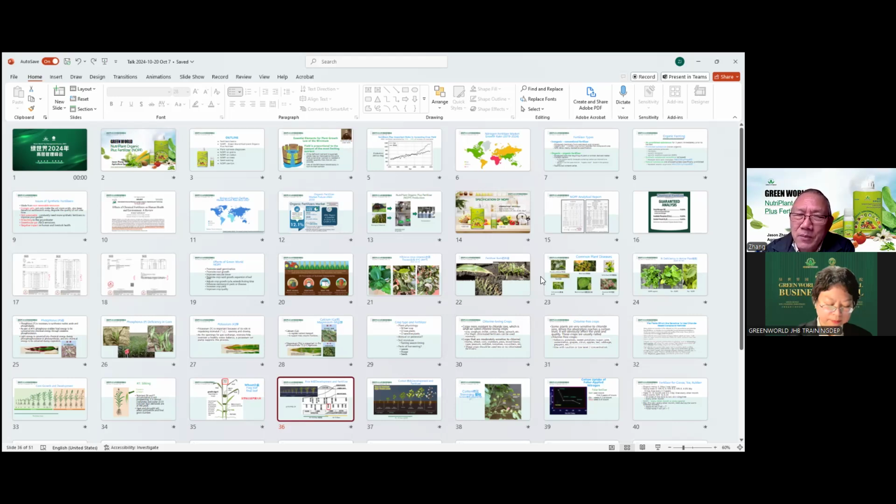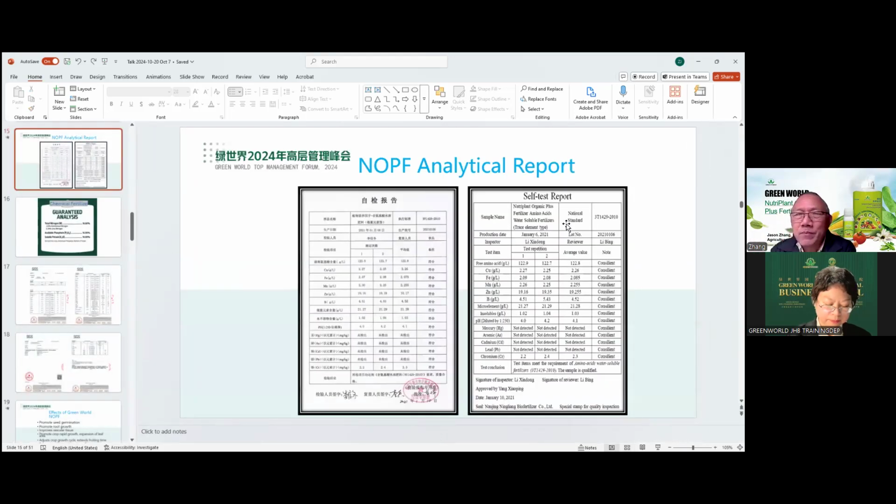After the seeds germinate, we should use NOPF because NOPF is water soluble and easy to use anytime. Some people ask about the concentration. We recommend 1 ml to 1 liter, like a 1,000 dilution. You can do 500, or even 400.